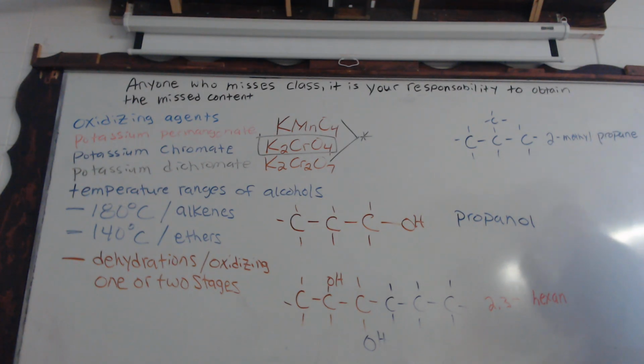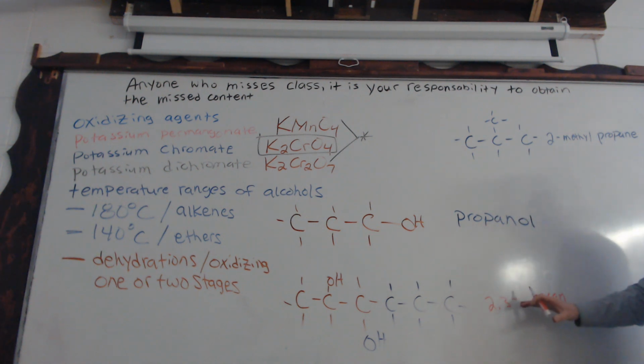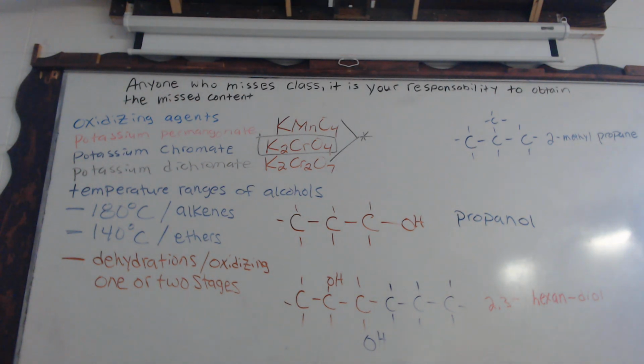You would be correct, but these are just a little different. 2,3-hexane. Because you would have said if it was 2 methyl groups, you would say dimethyl, right? But if it's 2 alcohol groups, we want diol, okay?